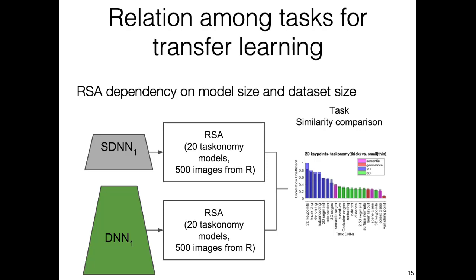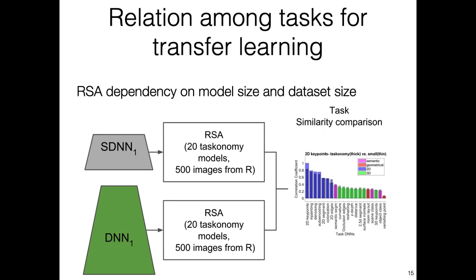Because here, really, we don't need to have state-of-the-art accuracy to find the similarities, but only to get a ranking. So if by taking smaller models to compare to the larger models we get the same ranking, then we could leverage this approach for transfer learning, which we will try next.